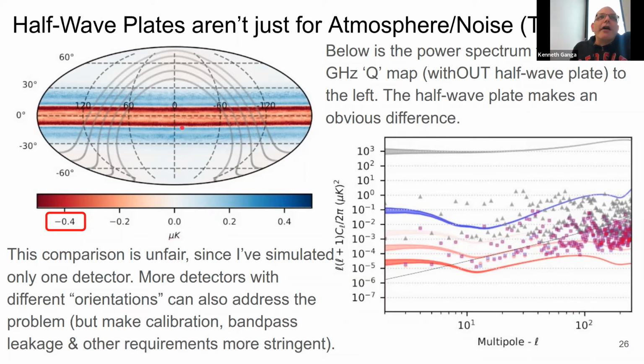If I had another detector, say I split this in just the two and I oriented it at 90 degrees from the first detector, this map would actually be minus the original map. The reds would be blue and blues would be red, just because the orientation is different. And if I add those two, then I get 0 again. So that will help as well.